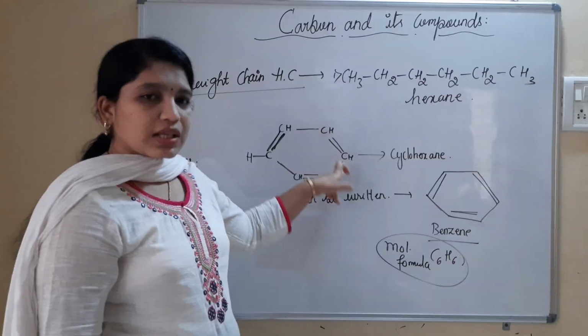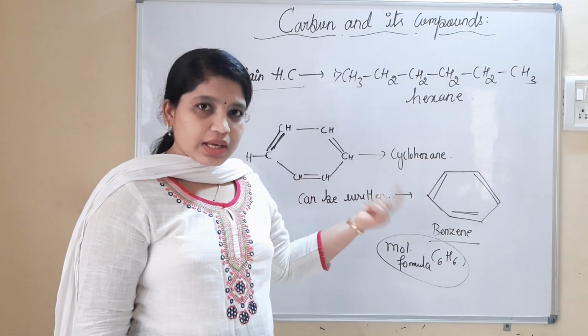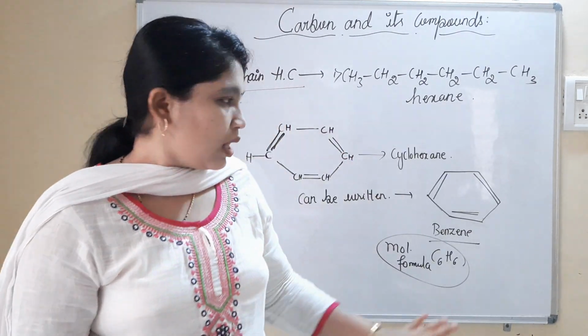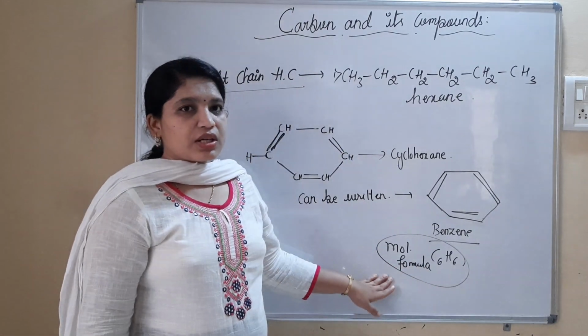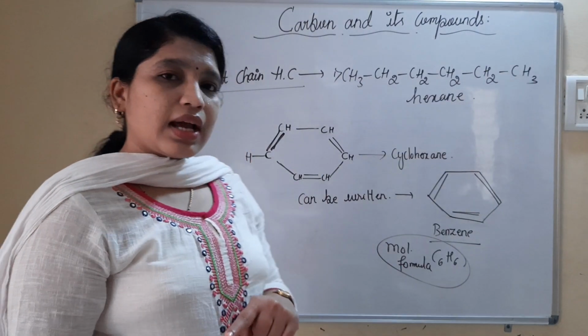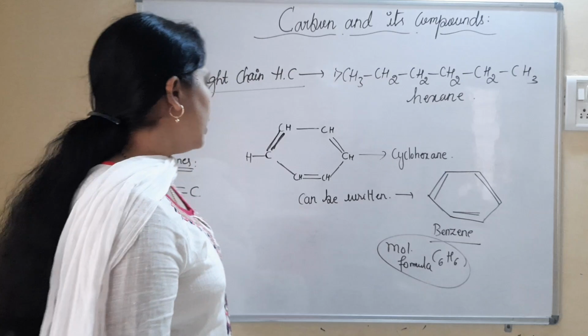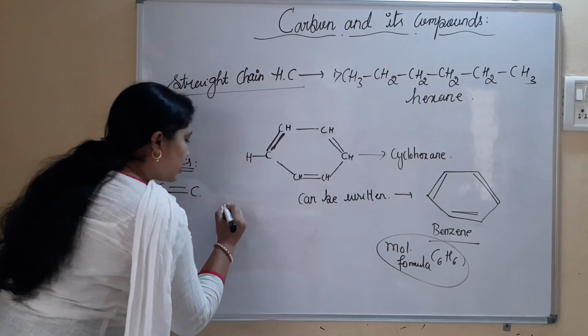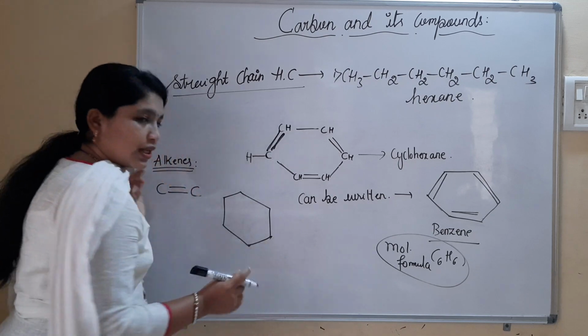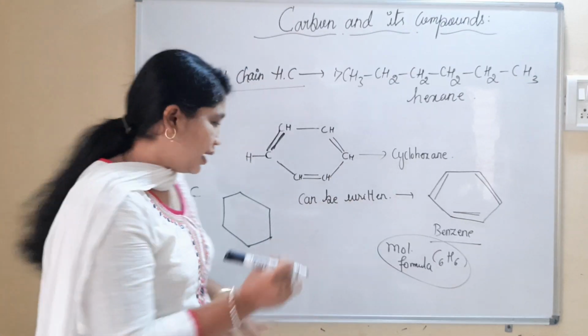And there are 6 carbon atoms. For each carbon there is one hydrogen atom present, and this is referred to as the structure of benzene, right? Cyclohexane is entirely different, benzene is entirely different. How will you write cyclohexane? Can you see here? This is referred to as cyclohexane, no bonds at all inside.